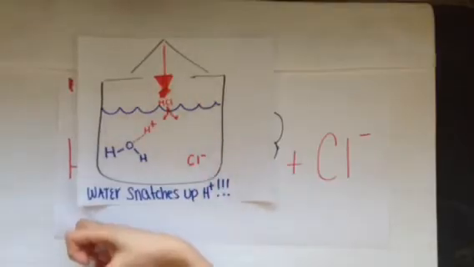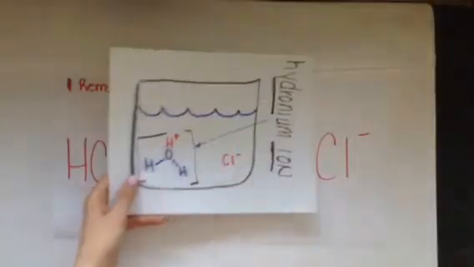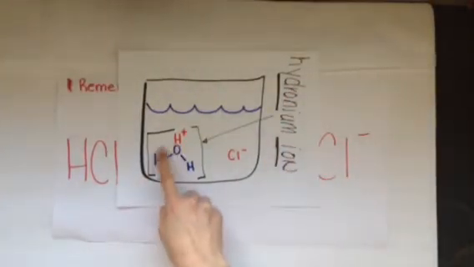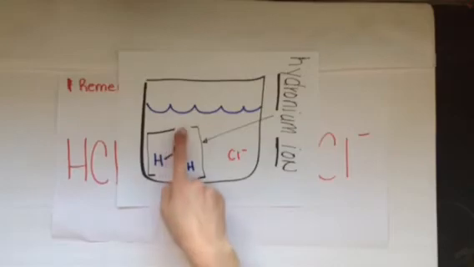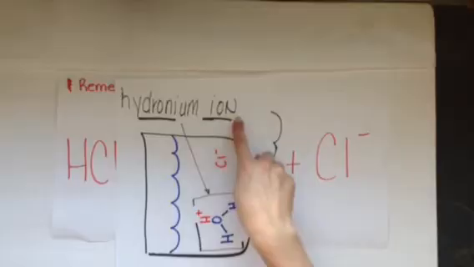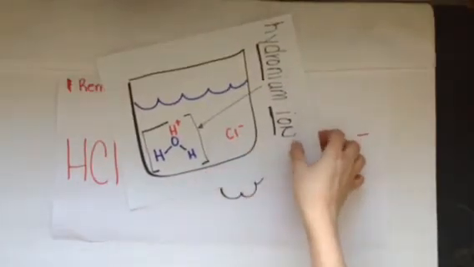It actually takes the hydrogen onto it and forms what's called a hydronium ion. See, the water now has an extra H+ attached to it, and that's called a hydronium ion. The chloride ion is seen here floating around, right?